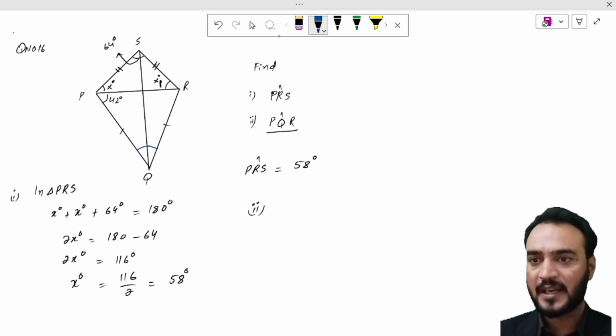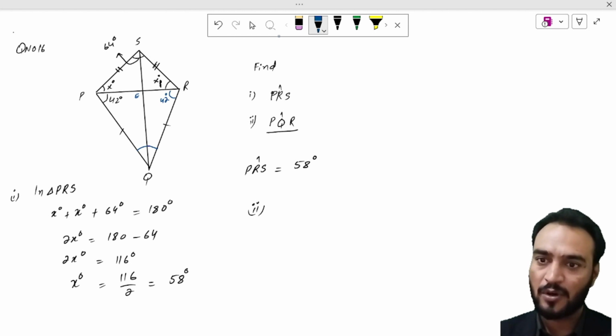If this angle at point P is 42 degrees, and in the triangle let this point be E, then this angle is also equal to 42 degrees, because angles opposite to equal sides are equal. PQ is the side which is equal to RQ. These two sides are equal, so angles opposite to these two sides are also equal. So this angle is also equal to 42 degrees. So these two angles are 42 degrees.